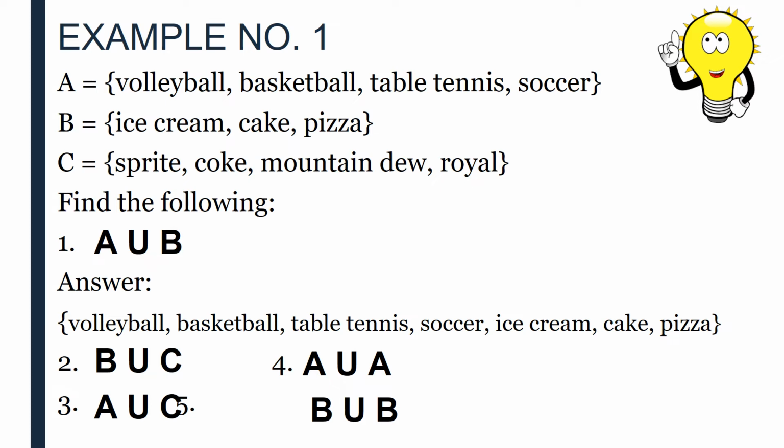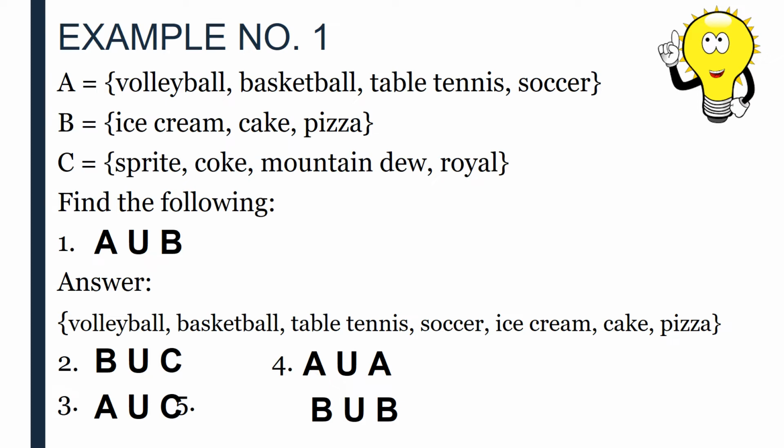For number 4, set A, union of set A. So kung mapapansin natin, pagsasamahin lang natin yung set A sa sarili niya, set A ulit. So gagawin na lang po, kokopyahin lang natin kung ano yung meron sa set A. Since same lang naman sila, pareho lang sila. So set A, volleyball, basketball, table tennis, and soccer.